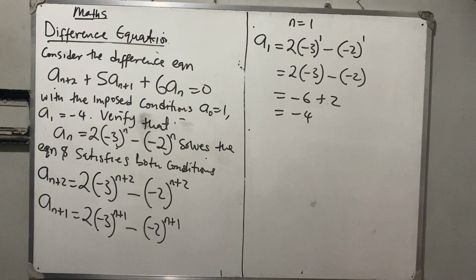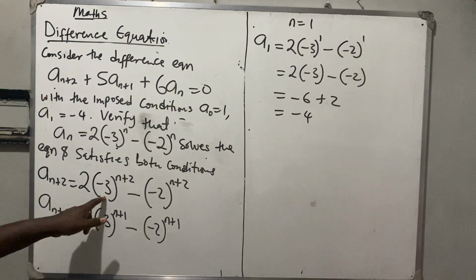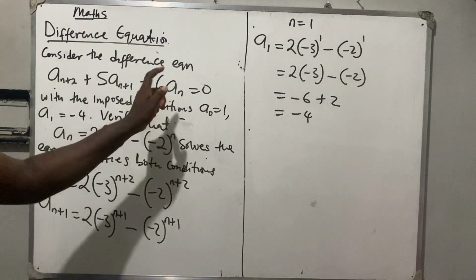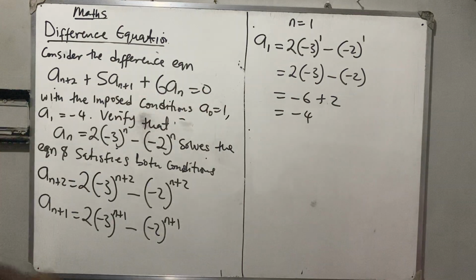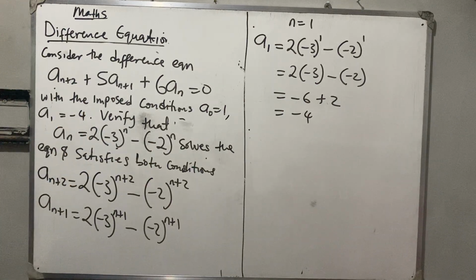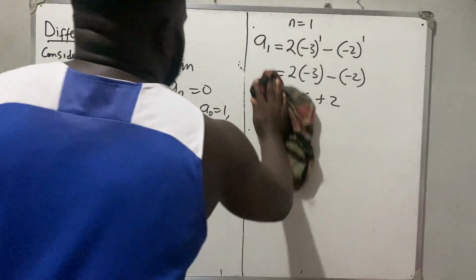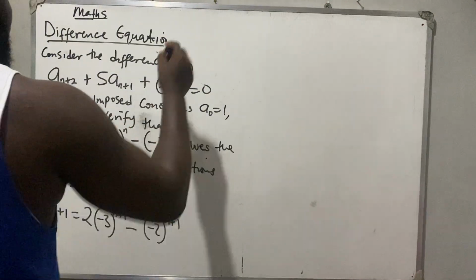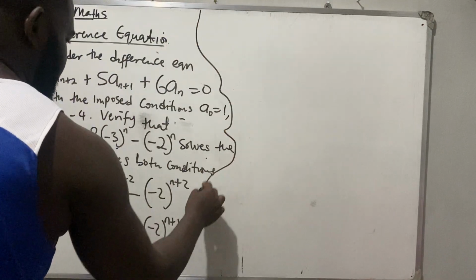Now I will carry these three of them and substitute in this equation to see if I'm going to get the right hand side 0. Once I get the right hand side 0, I will conclude that it satisfies that, so that it can solve it. So let us substitute. For direct substitution, permit me to draw this like this.